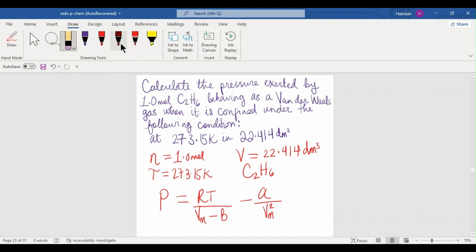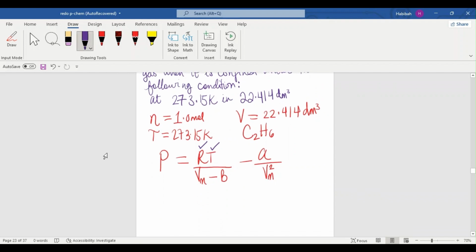So as you can see from the information we have, we know the gas constant because it's constant. We know the value for temperature because it's given in the question. We know the value of volume, but not the value of molar volume. But because we're given the number of moles, we can always determine the molar volume, which is simply volume divided by number of moles.